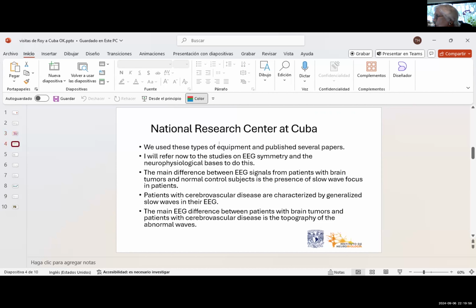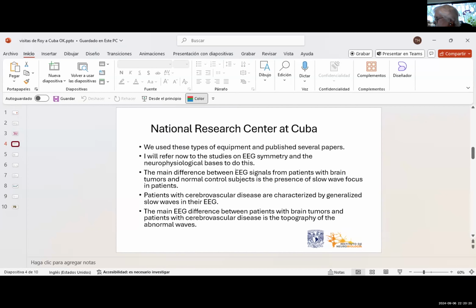When we were in the National Research Center in Cuba, we used this symmetry analyzer, and we had the opportunity to show and publish several things. First, I will refer to the studies of EEG symmetry and the neurophysiological basis for this.